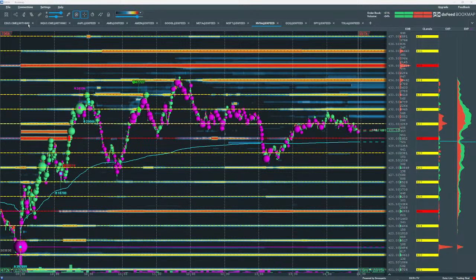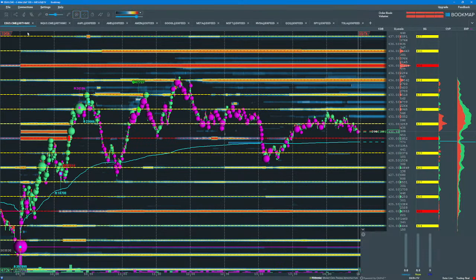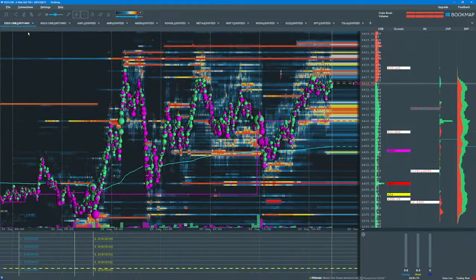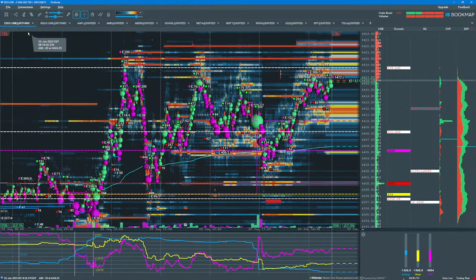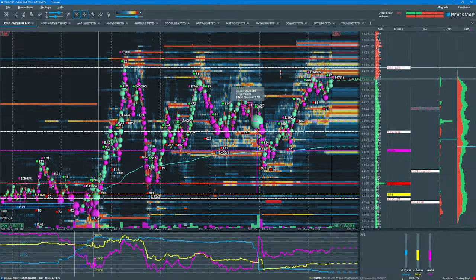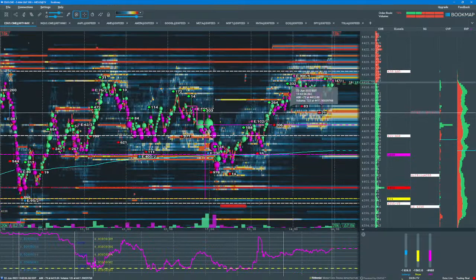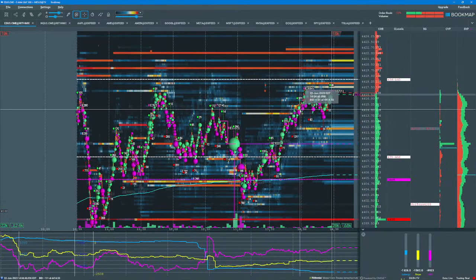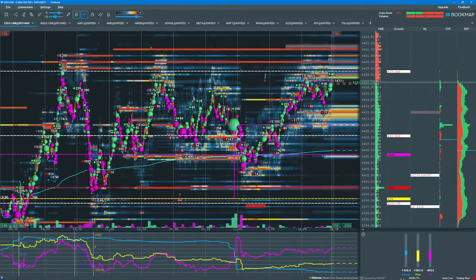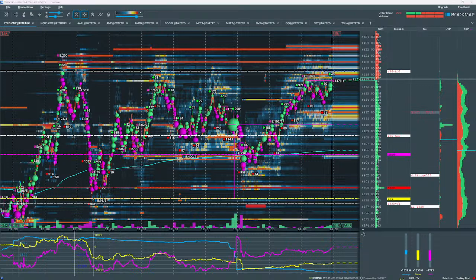All right, let's go back and check on the live market. We'll take a look at S&P 500 first. So right now, ES is heading back up to that 436, SPY 436 level that did act as resistance earlier today.